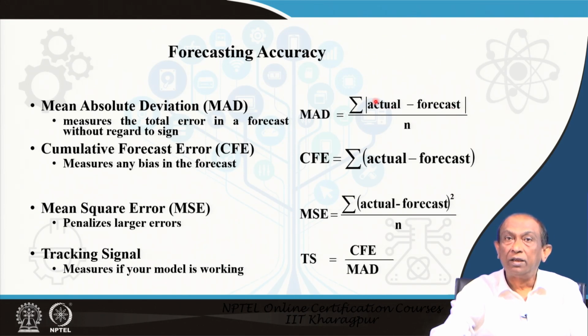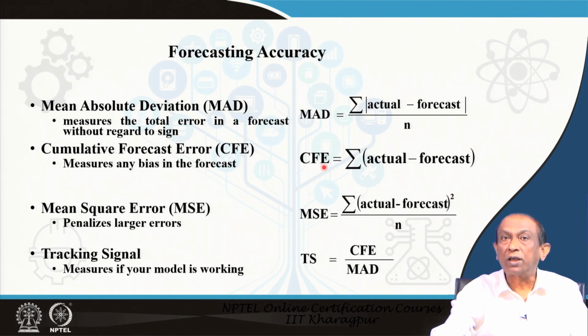So, it is basically sum over the absolute value of these differences between actual and forecast for period n divided by the number of periods n. So, this is one indicator or one measure of forecast error. The second one is cumulative forecast error. It measures any bias in the forecast. Bias means error.